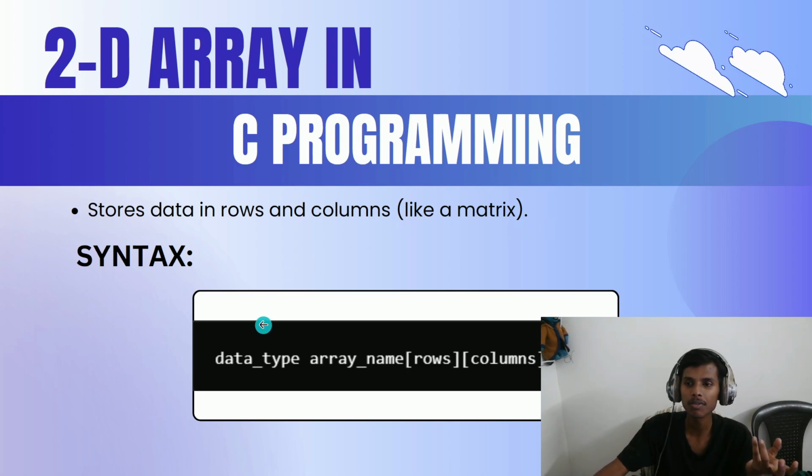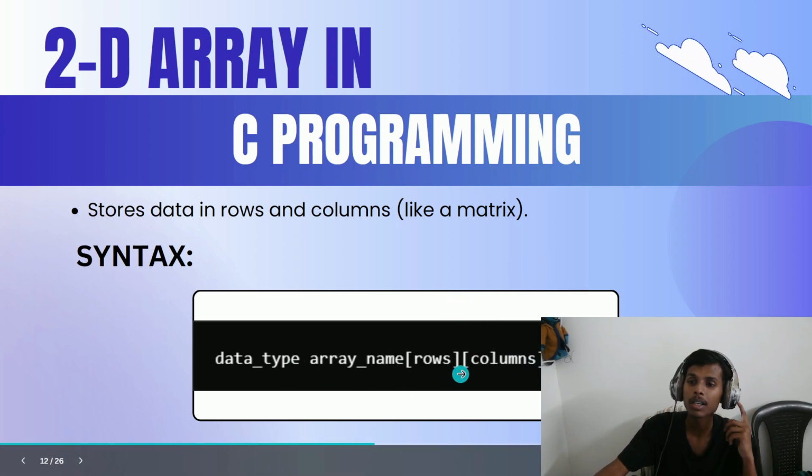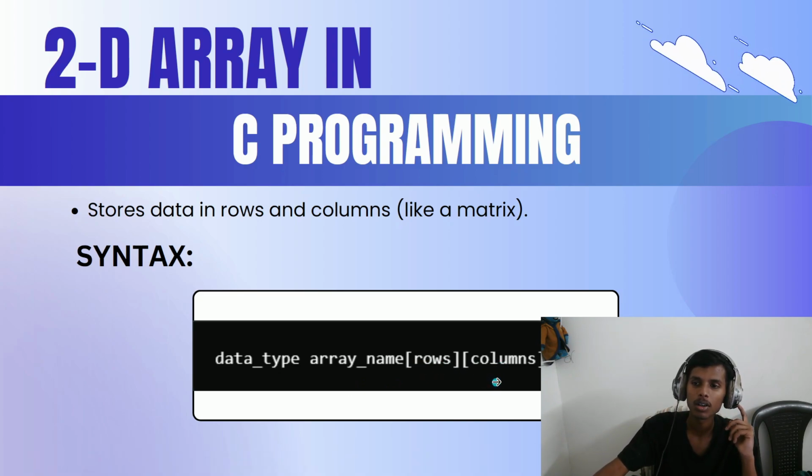So the syntax is in front of you: data type followed by the array name. Here we are going to give 2 sizes, right? The first one will be for rows and the second one will be for columns. So the syntax is data type, array name, next rows, and then columns.